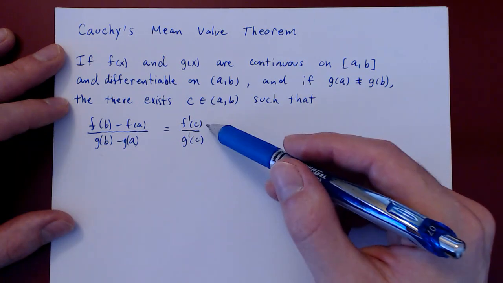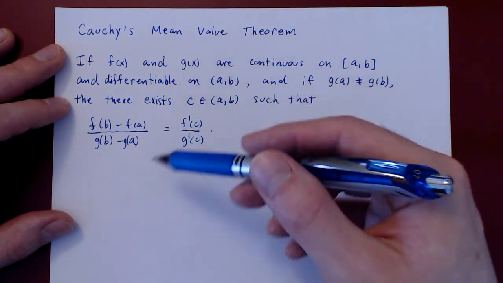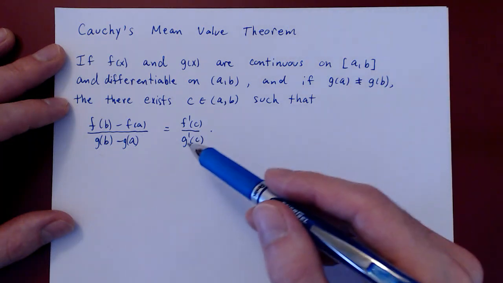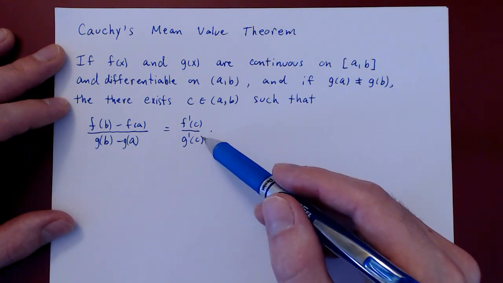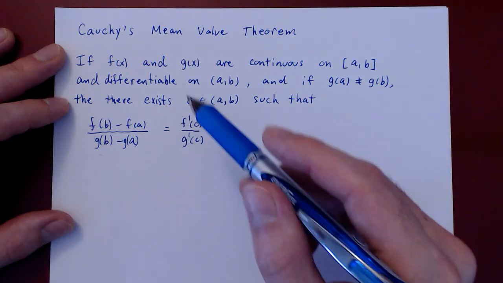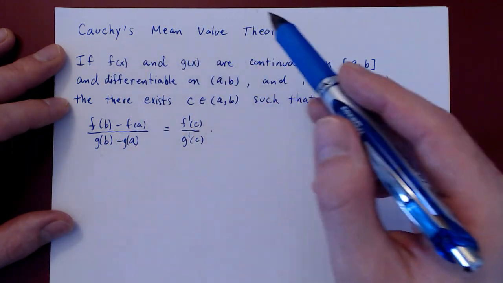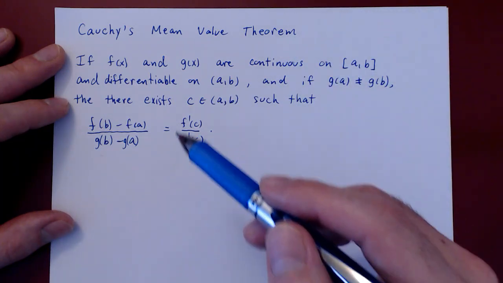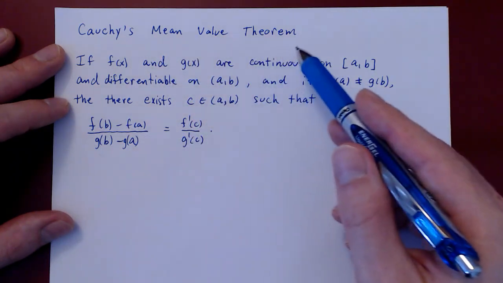And on the right-hand side, if g of x is x, the derivative of x is 1, and so g prime of c will be equal to 1, and we recover f prime at c. So what we have here in Cauchy's mean value theorem is an extension of the original mean value theorem.